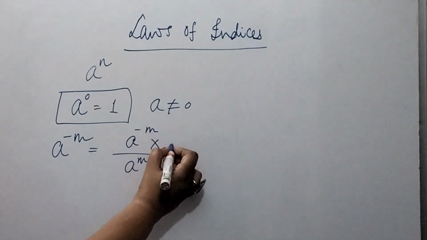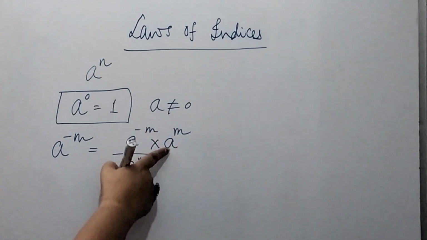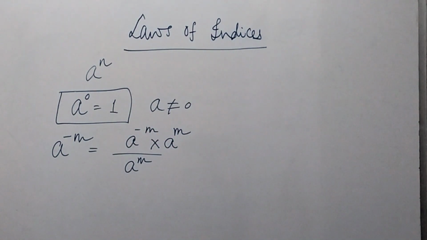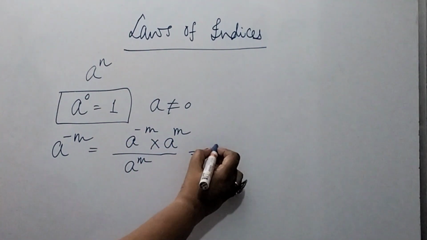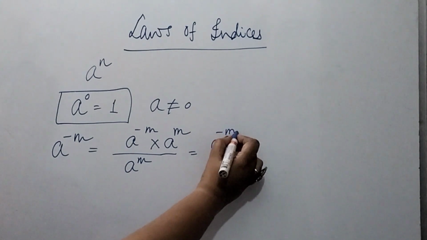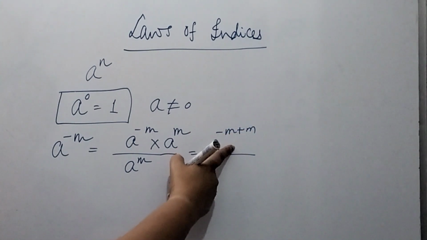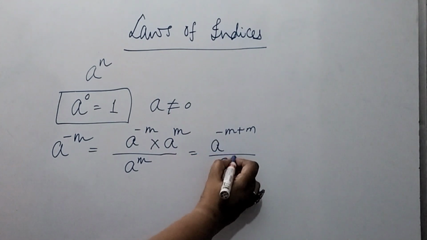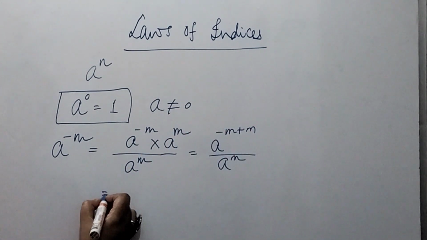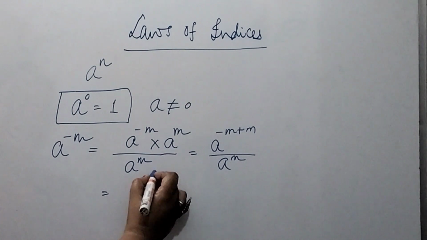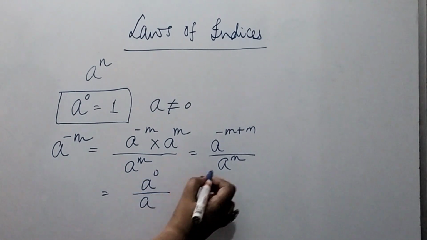Now, to maintain the balance, we multiply by a^m in the numerator. Now what will happen here? In the numerator we get a^(-m+m) by the first law of indices, divided by a^m, which is kept as it is. So we get a^0 / a^m.